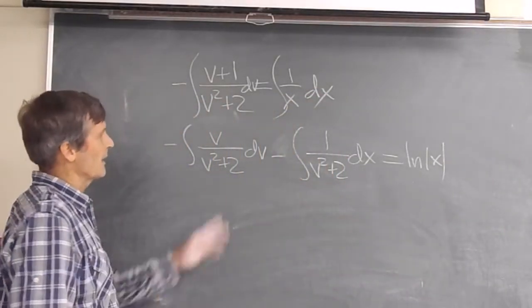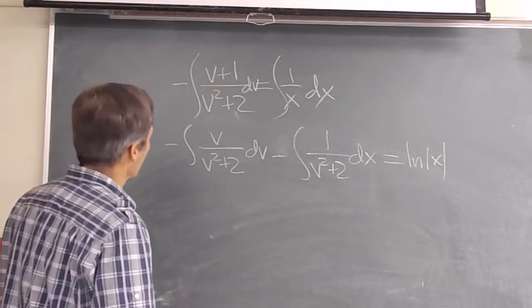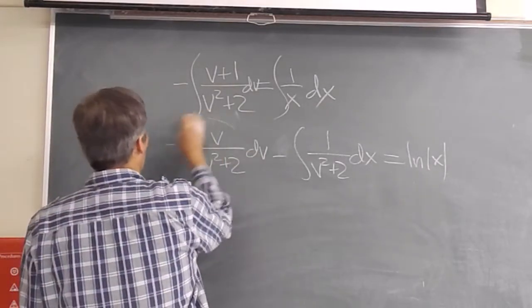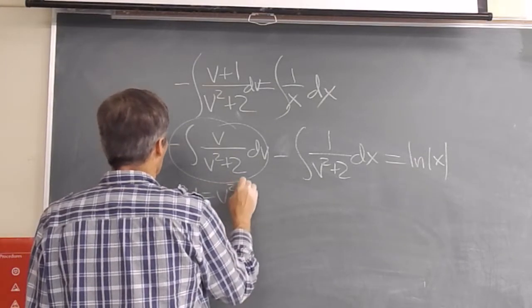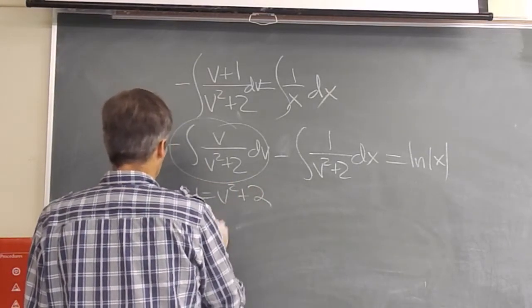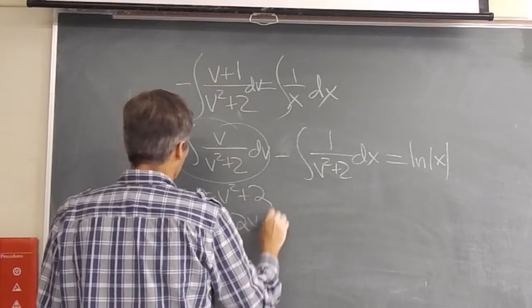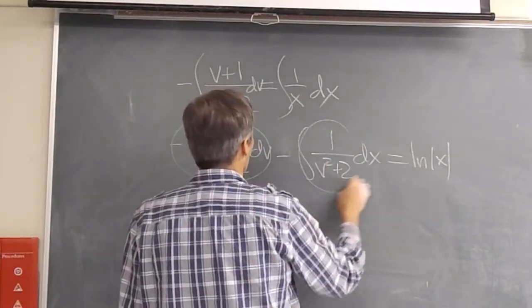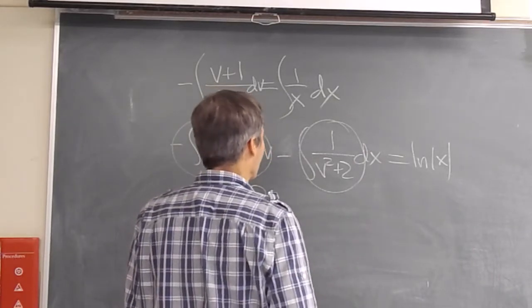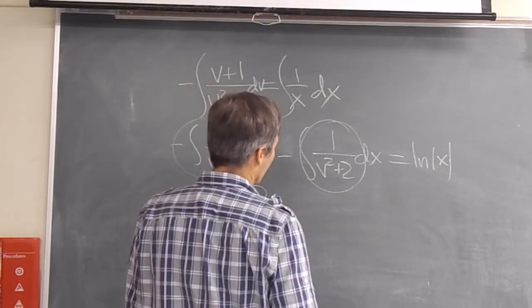And there's an arbitrary constant, but we can leave it to come out of these integrals. This one can be attacked by u substitution. Let u equal v squared plus 2, du equals 2v dv, and you can integrate this using a logarithm. This one, almost directly, can be done by a substitution.